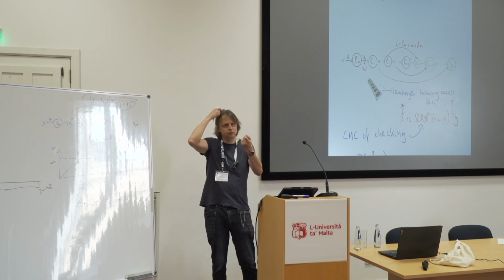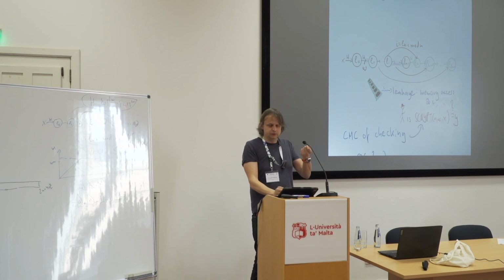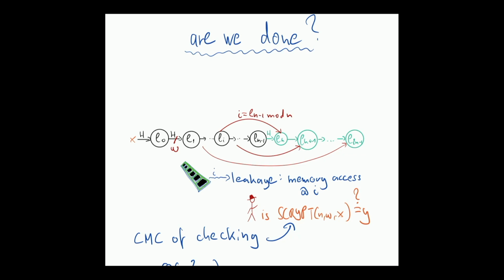This is somewhat the easier question. In particular, if I know that this other thread was evaluating the correct password X, and I got this leakage I, and now I have some candidate input X prime, and I want to know, is this X prime the same as X or not? What could I do?